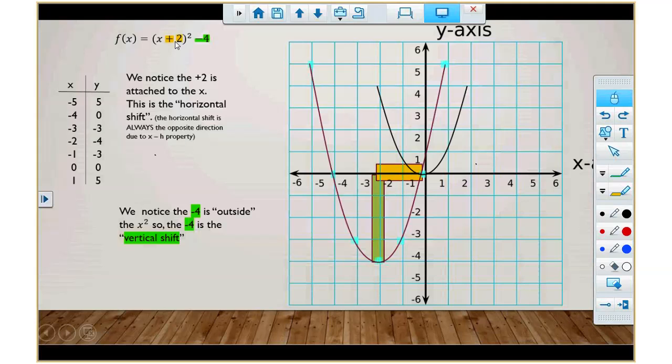But to get this to come out to be a positive, it would be x minus a negative h, or x minus a negative 2. So negative 2 means what? To the left. So to get the x plus 2 to look like the original property, x minus h, we'd have to change this to x minus a negative 2. And negative 2 means to the left. But x minus a negative 2 is what? x plus 2. So you can say that it's the opposite. I usually don't show this because it confuses people. Yeah, that's confusing. So just do the opposite.